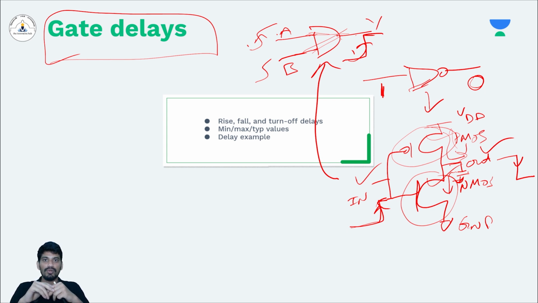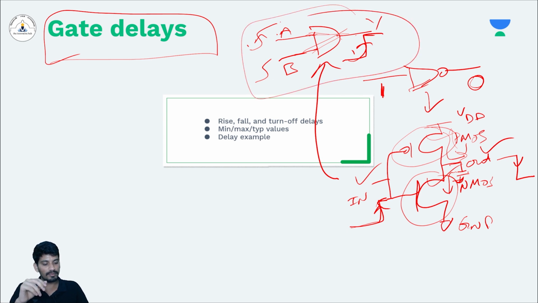As a designer, before doing the implementation, you have to design your gates assuming there is a delay associated with each gate. That way, you can modify your circuit from ideal conditions to real world conditions. So how to do that? That is where the concept of gate delays will help you.